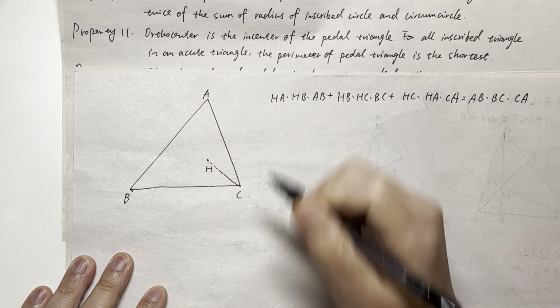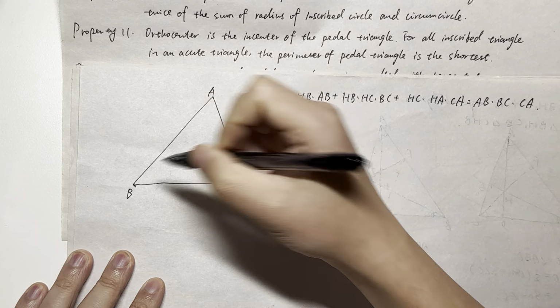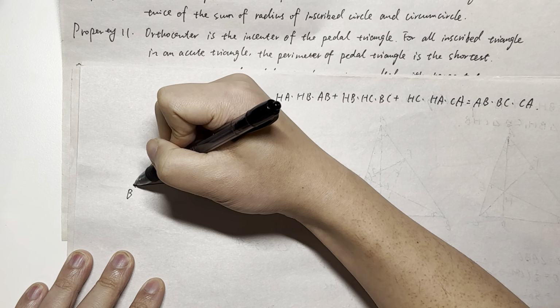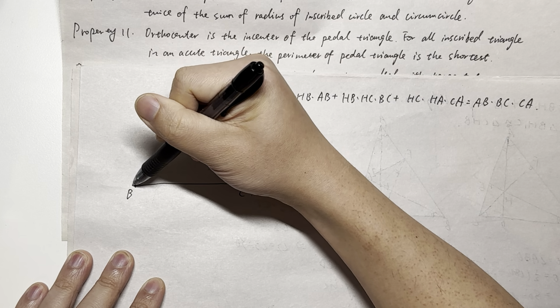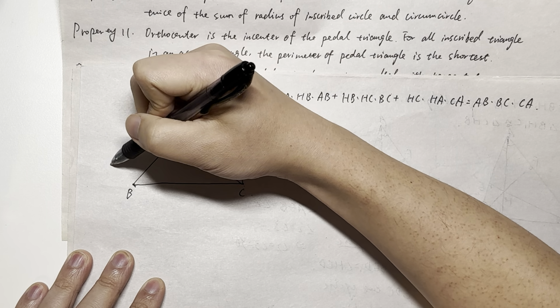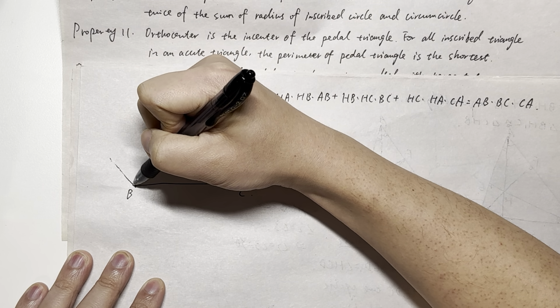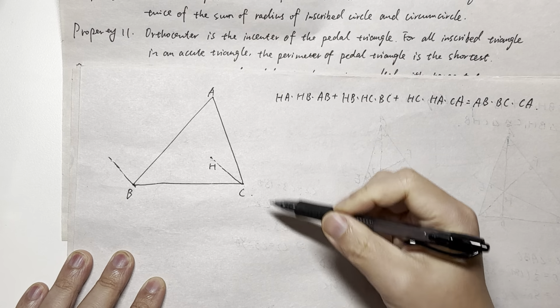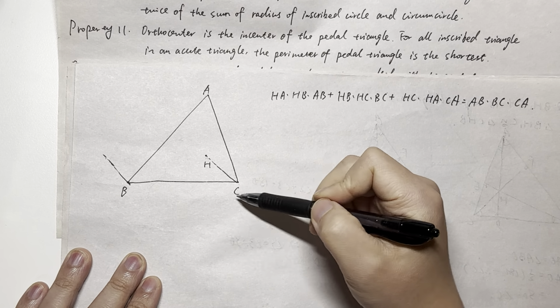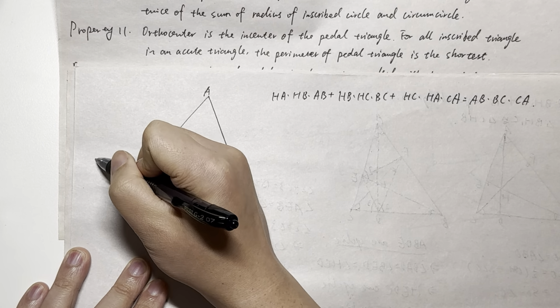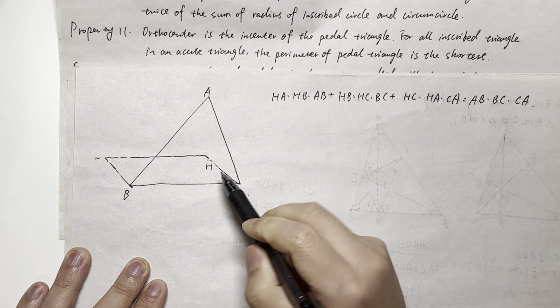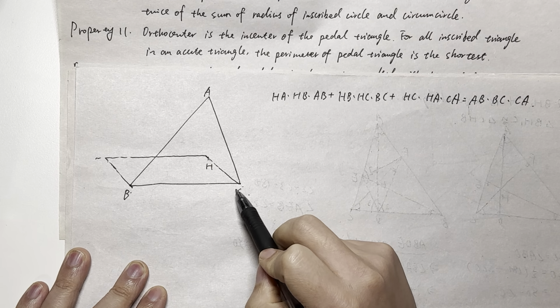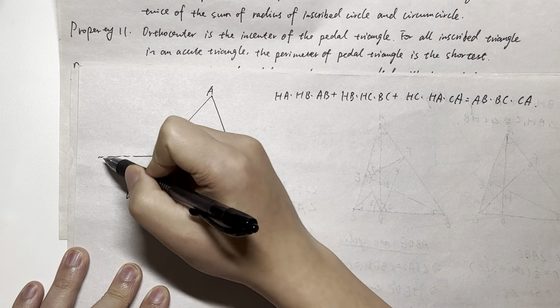We connect HC first, and then we draw a line parallel to HC passing through point B. And we draw a line parallel to BC passing through H. Basically, we use HC and BC to form a parallelogram here, right?